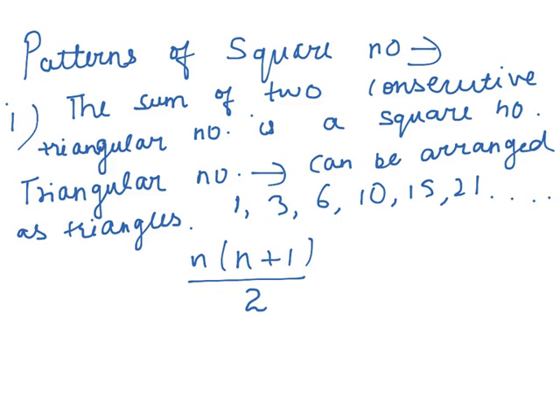So for example, if n is equal to 1, how can it be arranged? 1 times (1 + 1) is 2, divided by 2, then 2 divided by 2 is 1. In another case, n is equal to 2: 2 times 3 divided by 2 gives us 3.